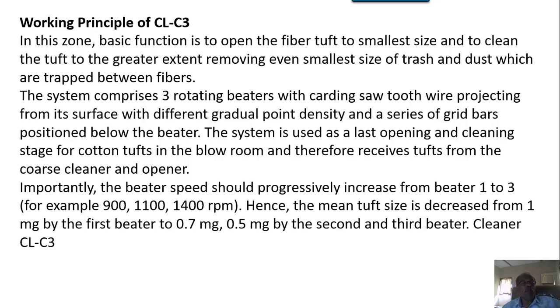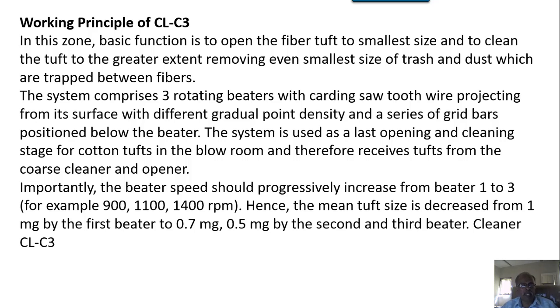And what I have mentioned here is that three rotating beaters are there which are sawtooth covered, meaning this is a CVT line, which is normally used for coarse cottons and especially Indian cottons, which comprise very hard-to-remove trash. And the speeds, etc., I have stated in the earlier case also, the speed settings. These are the philosophies which are required to be understood in the case of a blow room line.